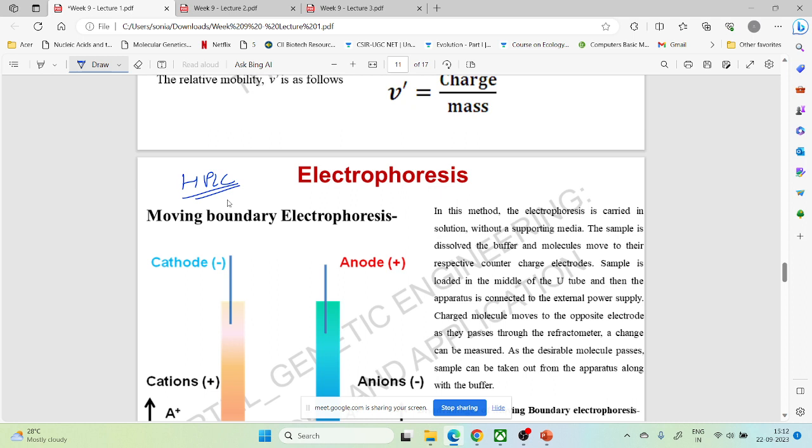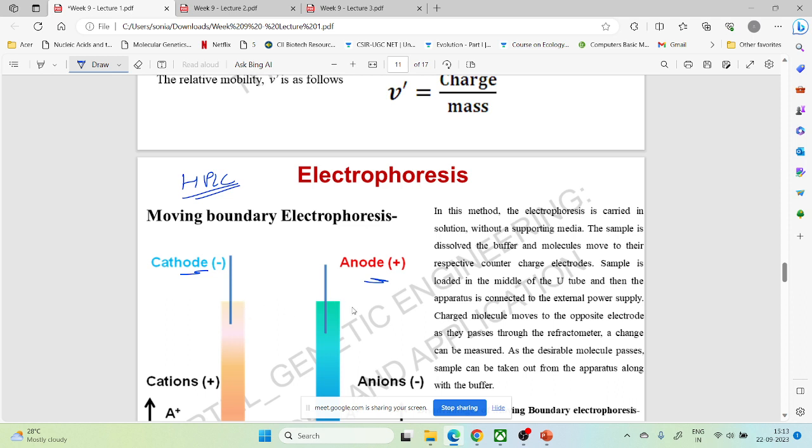So what they did was, they dissolved the sample in the buffer only, but now also put it under an electric field. When the sample, already mixed in buffer, is put under an electric field, the positively and negatively charged particles will separate.